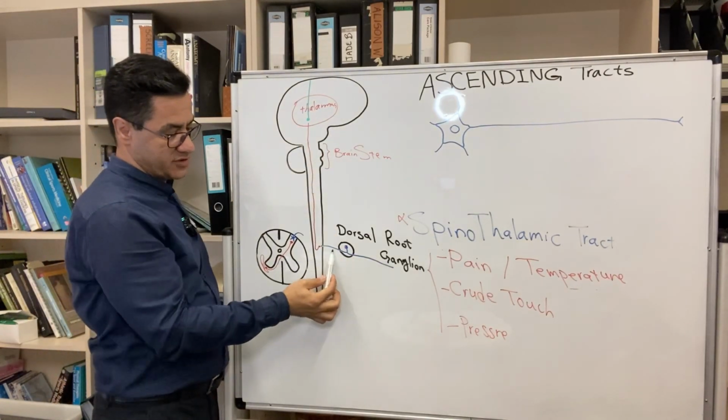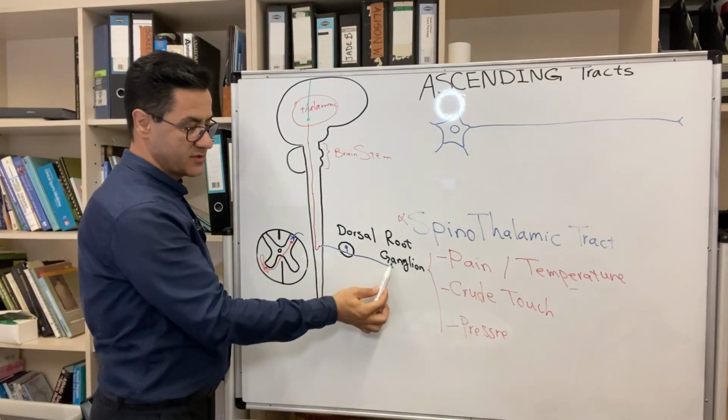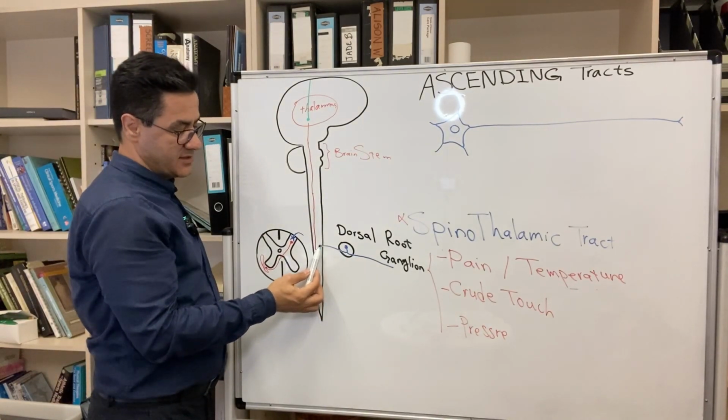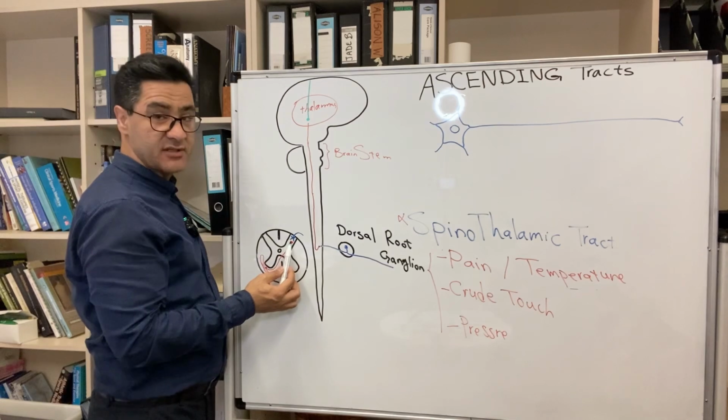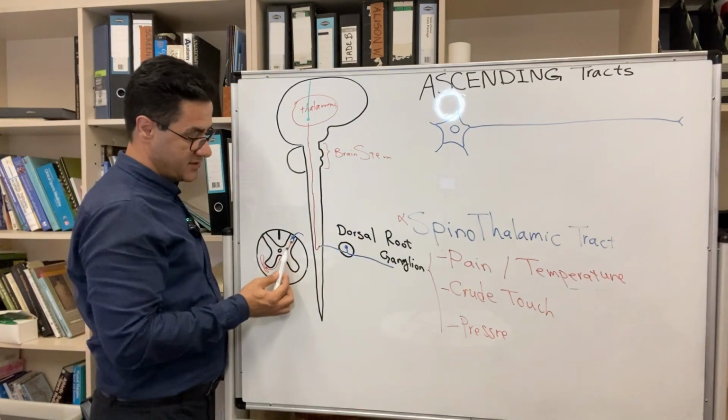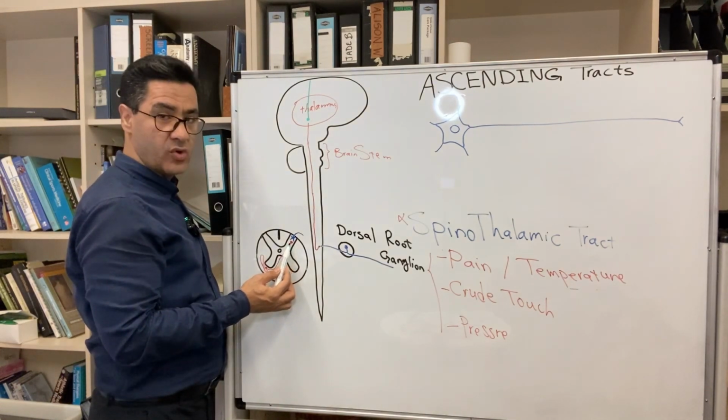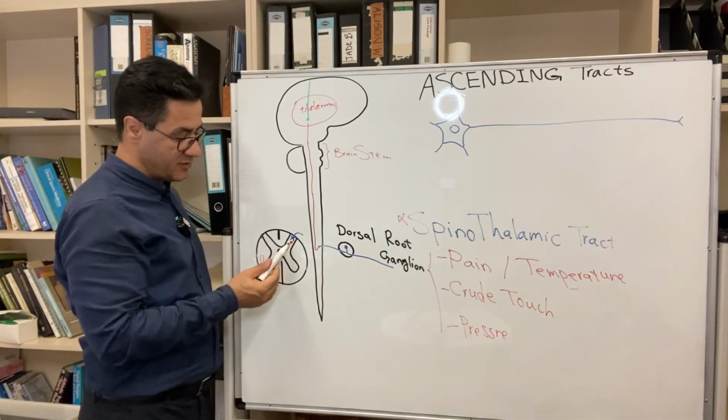The first order neuron cell body is within the dorsal root ganglion, and then it synapses onto the cell body of the second order neuron, which is within the dorsal horn of the gray matter of the spinal cord.